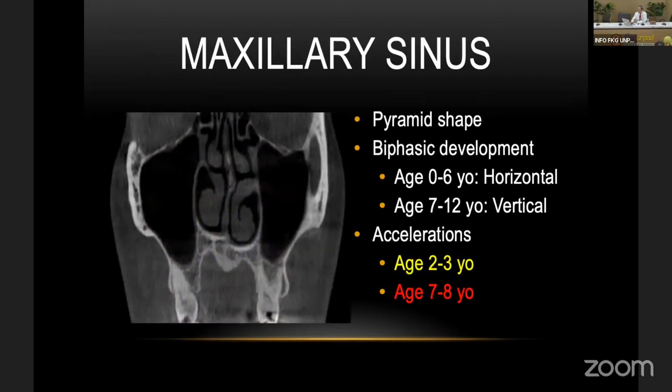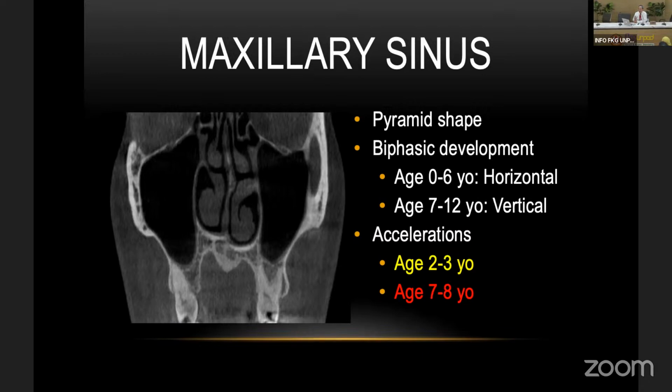There are two phases of fast development. From 0 to 6 years old, from newborn to 6, the sinus mostly develops horizontally. But from 7 to 12 years of age, the sinus mainly develops vertically.